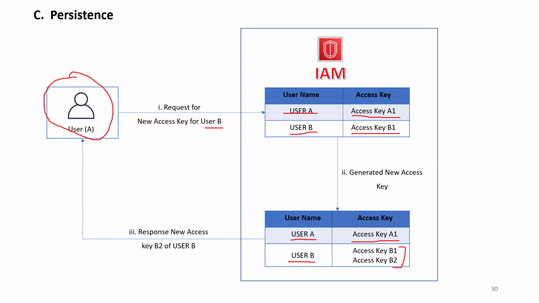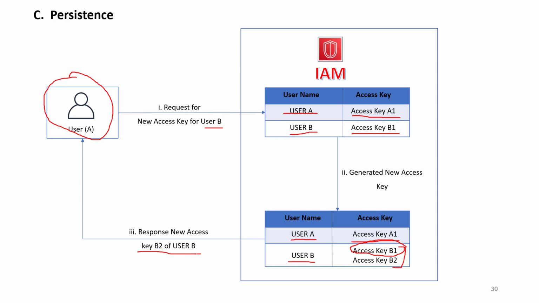That will help you: suppose if one access key is disabled, you have the option of another access key for future use. In the response, it will give you the access key of user B, which you can use for a future purpose to create a backdoor.